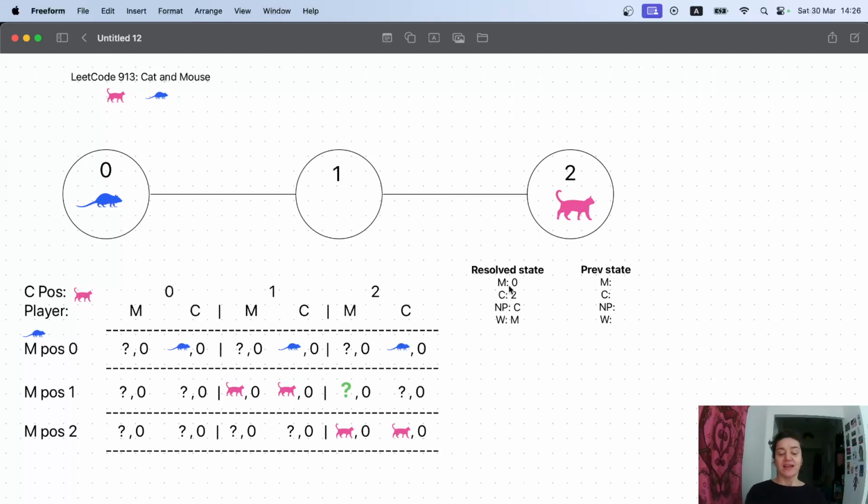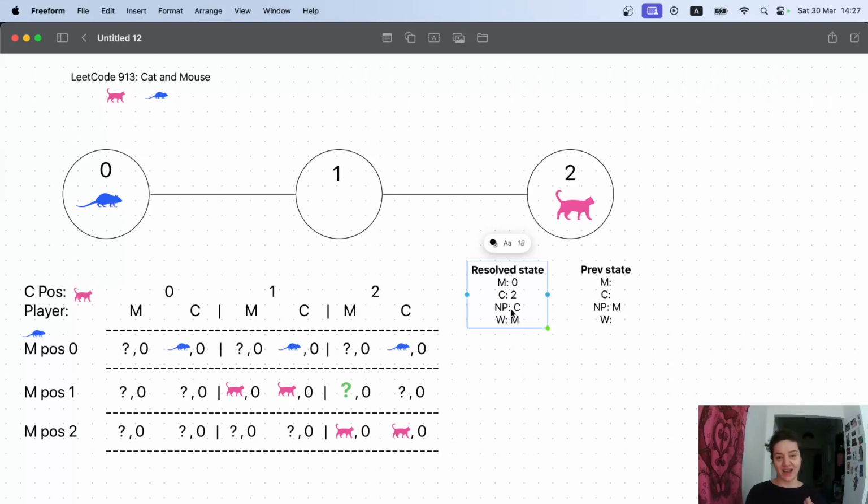So, if in the resolved state it's the cat's turn to play, then whose turn was it to play in the step that led to it, in the previous state? If here it's the cat's turn to play, then in the previous state it was the mouse's turn to play, because they alternate turns. So the mouse made a move from this state that you're trying to figure out onto this state that is resolved.